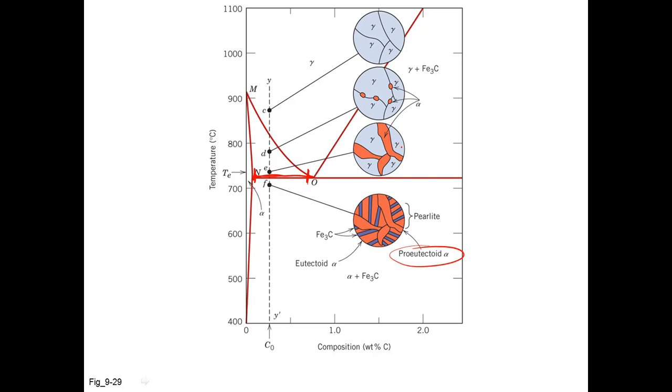that forms up here at these grain boundaries. So we're working with that tie line just above the eutectoid temperature.